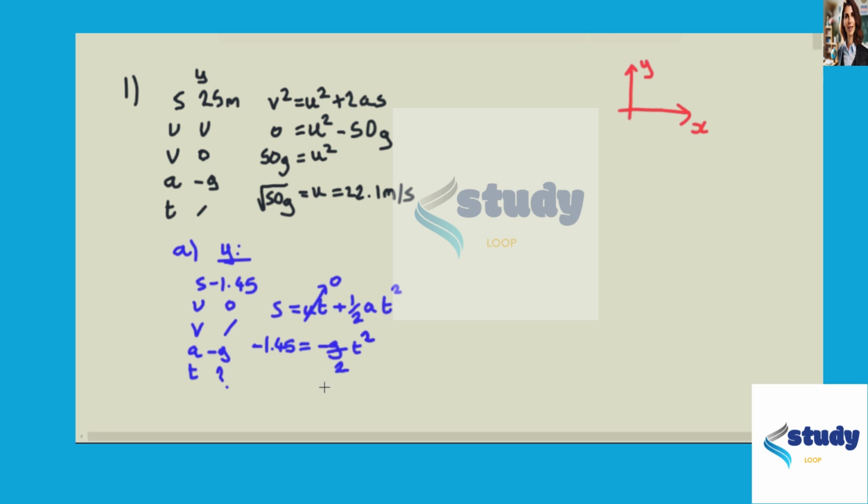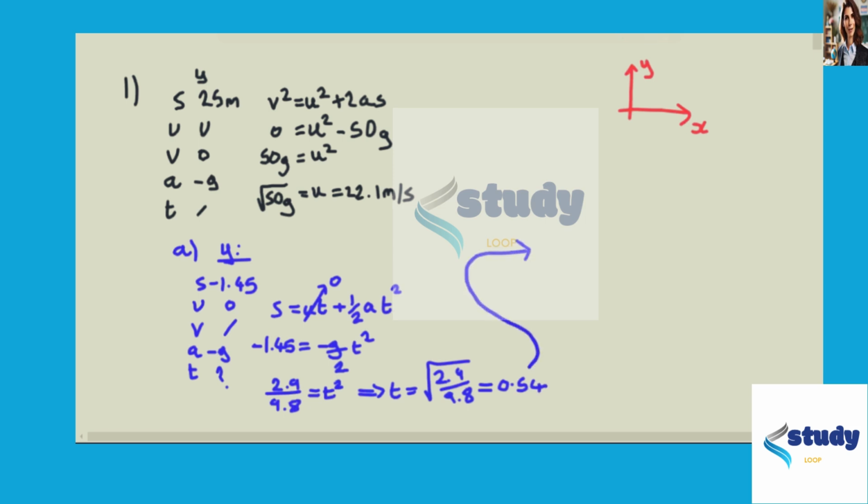And we cancel our negatives, leaving us with 1.45 doubled, which is 2.9, divided by g, which is 9.8, is t squared. And so in our calculator, we now want to place t being equal to the square root of 2.9 over 9.8. And what value do we get? Quickly placing it in the calculator, we find that the value for our t is 0.54. This is how long the arrow takes to descend.